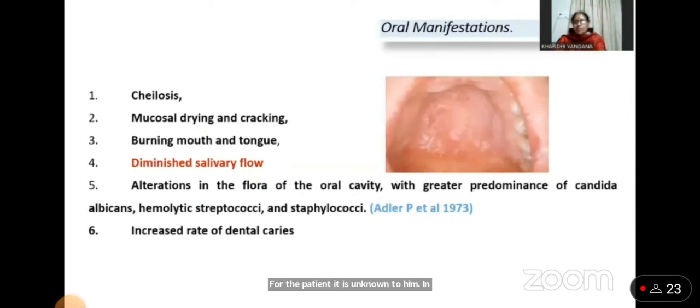In general, the oral manifestations are due to diminished salivary flow that results in burning mouth and tongue, mucosal drying and cracking, cheilosis. Adler et al. reported an alteration in the flora of the oral cavity with a higher predominance of Candida albicans, hemolytic streptococci and staphylococci, which may result in increased dental caries.